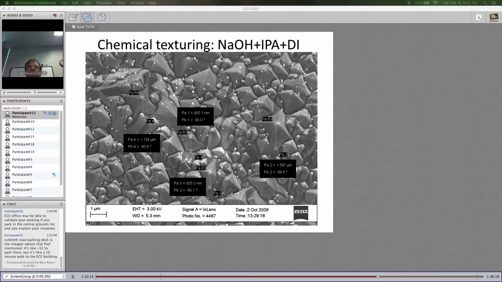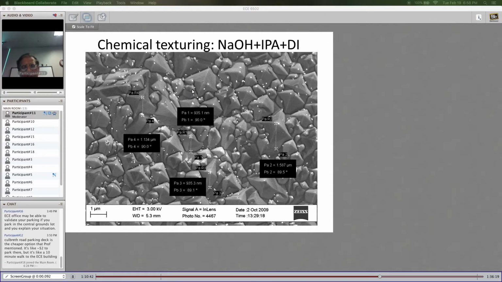We call that isotropic etching. It doesn't matter what the orientation is. But if you take sodium hydroxide mixed with alcohol and deionized water, that sodium hydroxide etches the 111 plane differently than the 100 plane.